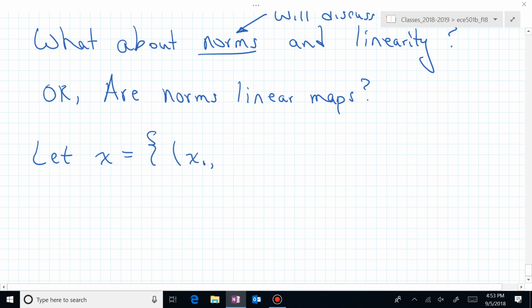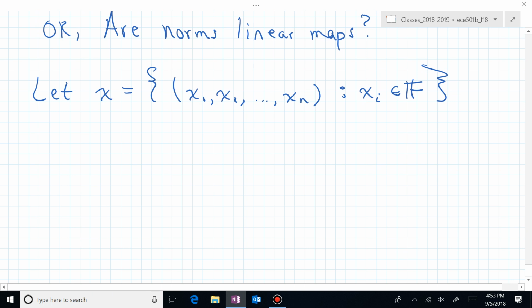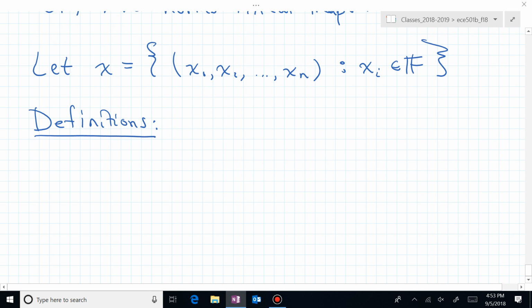Let's say that it's x1, x2, x sub n, and each of those coordinates are coming from a field of either reals or complex numbers. Definitions for norms.